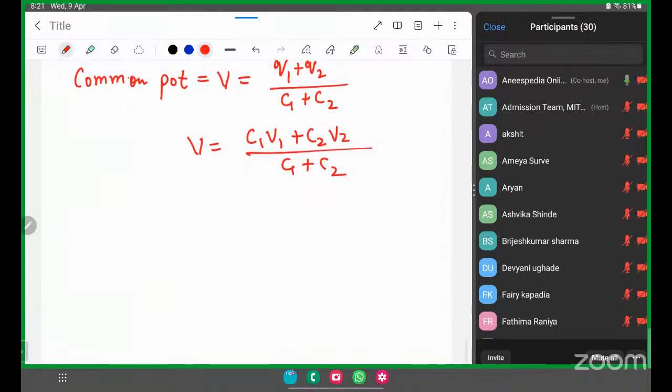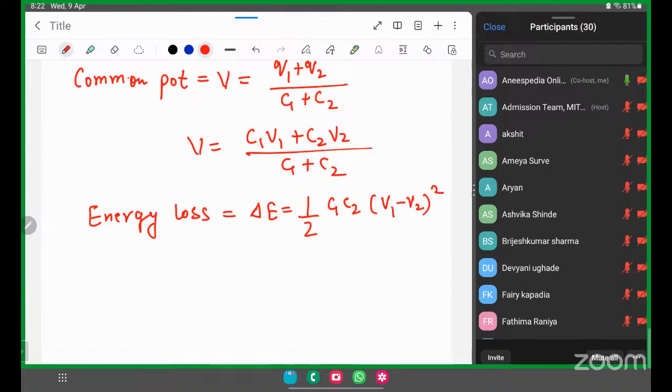Then we have energy loss, that is given by delta E, which will be equal to 1 by 2 C1 C2 into V1 minus V2 whole square, that is the square of the potential difference, divided by C1 plus C2. So these two formulae will be used.